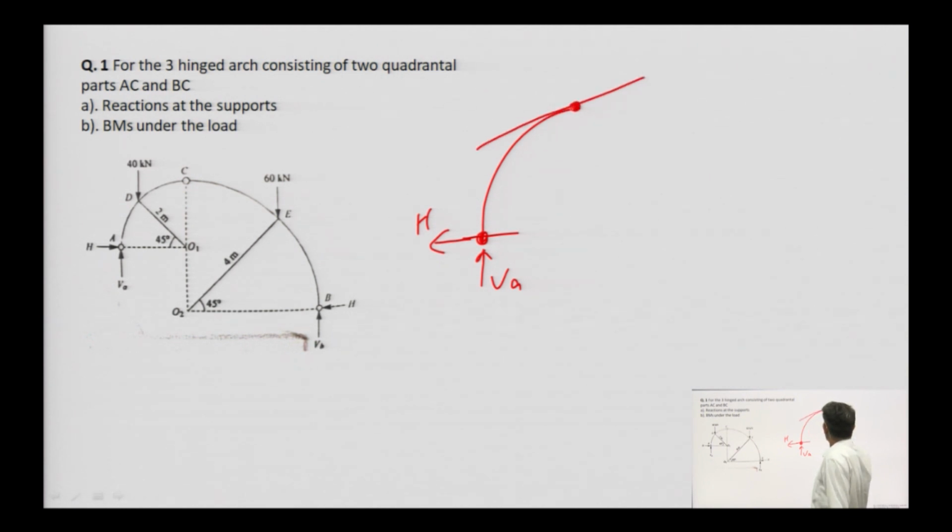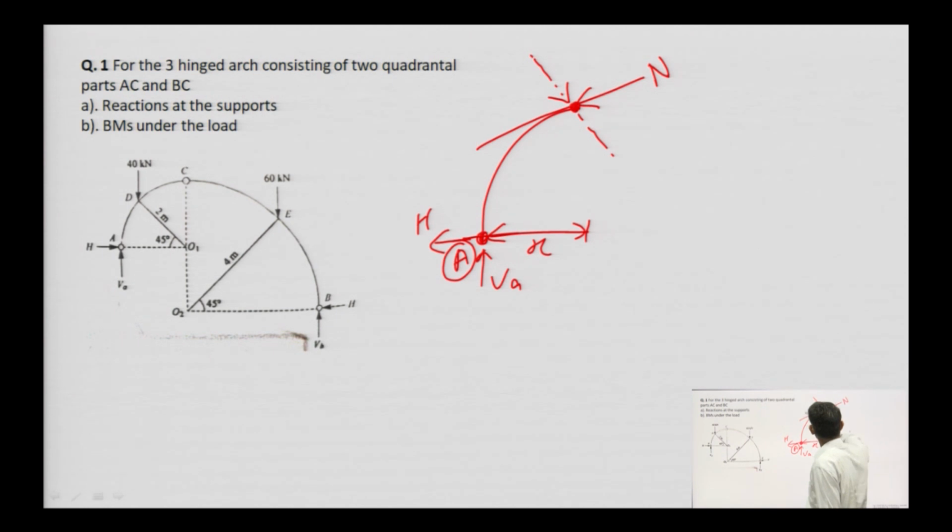This point is A, and this point is any point P at x distance from the support A, and we need to find this force N and this force Q. There may or may not be any loading.